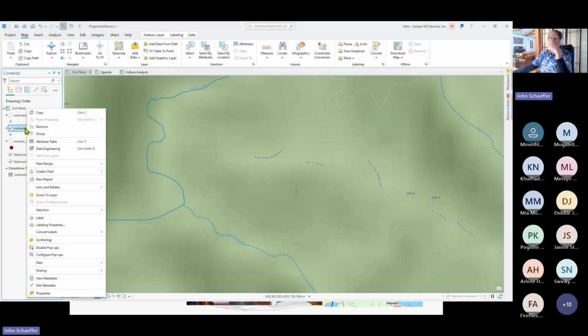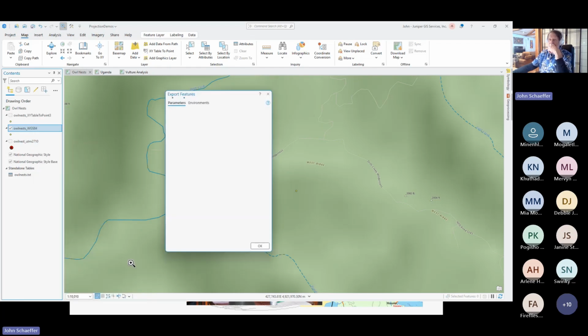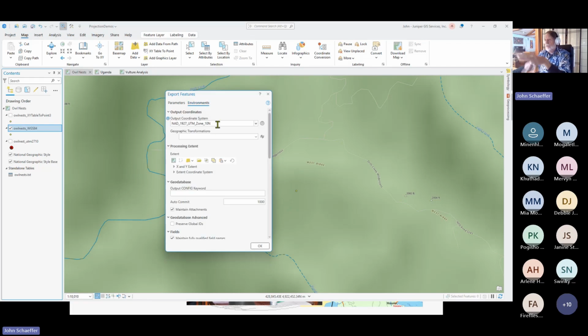So I'm going to right-click, data, export features. I'll just take the defaults here. I'll check on environments, and it defaults to NAD27 UTM zone 10. And I'll go back and say, okay.